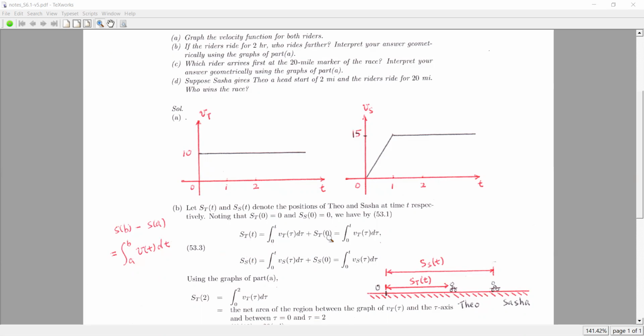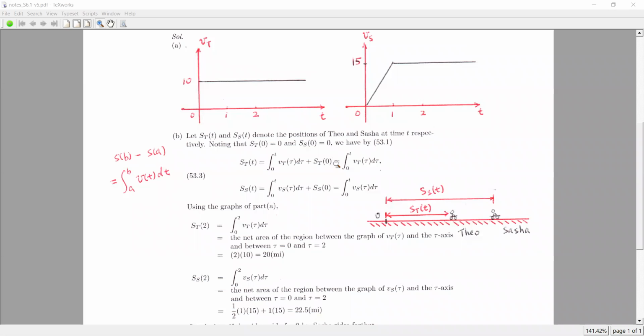When time is 0, Phil's position is 0. So Phil's position at time t is given by this integral. Similarly, Sasha's position at time t is this integral.